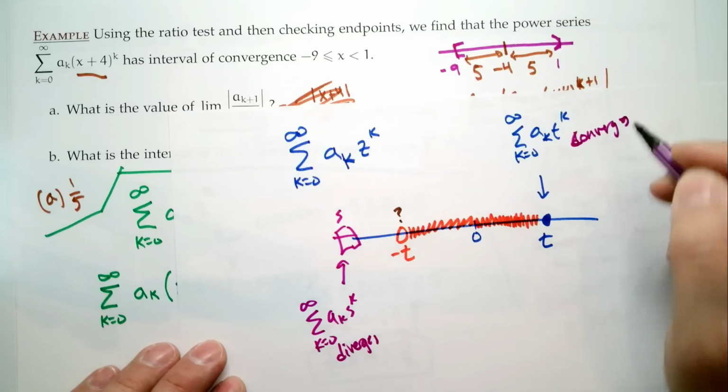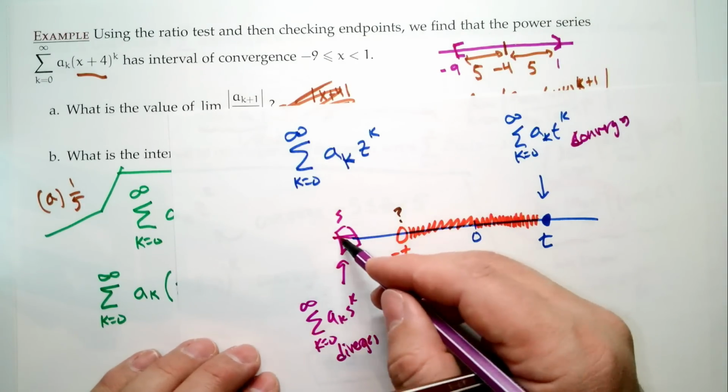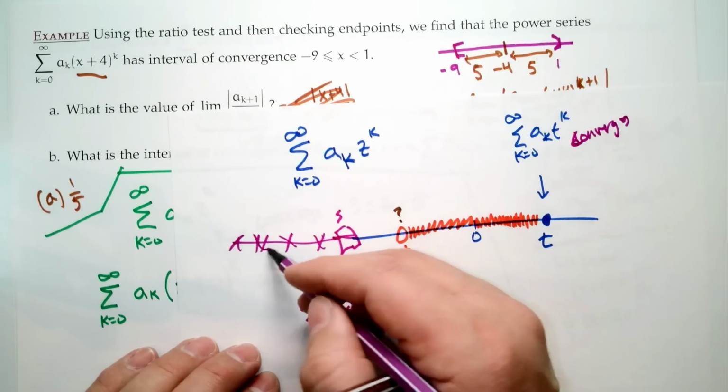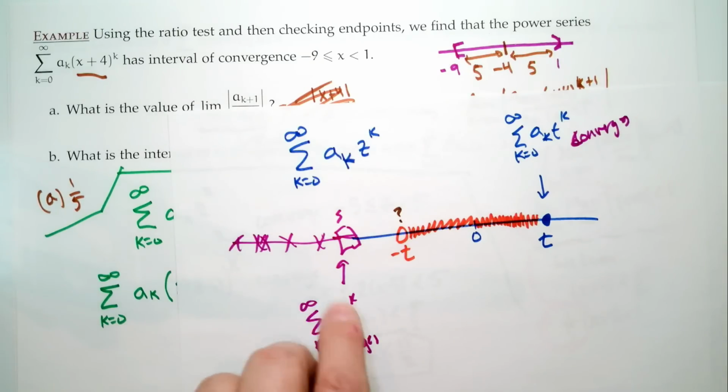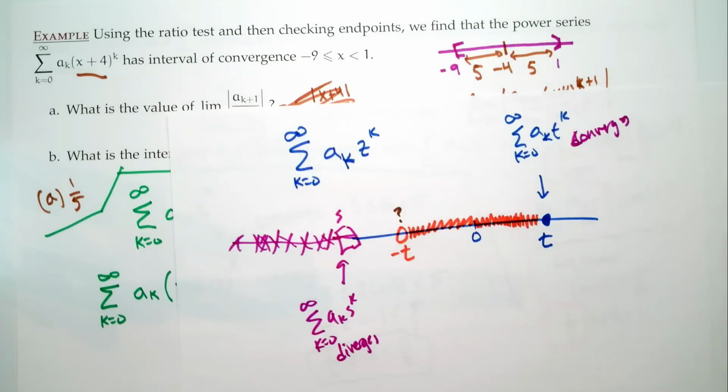So if I don't go to 0 fast enough, then I have a problem. What happens to the stuff over here? It must also not go to 0 fast enough, because this is larger in size. So anything larger in size must diverge.